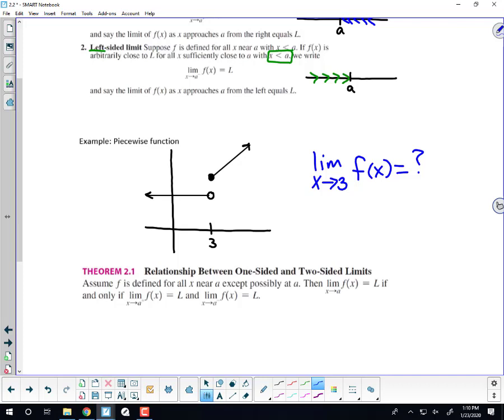And it says the two-sided limit exists and is equal to some value, some y value L, if and only if the limit from the left is equal to the limit from the right.